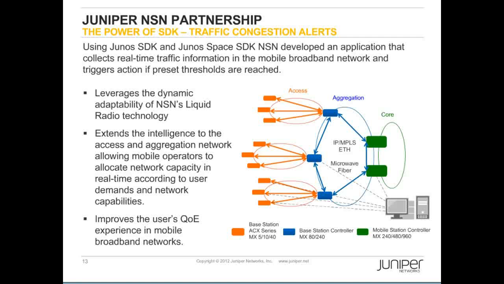With the SDK running on ACX and being able to monitor the network capacity through either microwave links or fiber, NSN is able to offer a dynamic network even in the microwave scenario. You can get more details on this through either the Juniper or NSN website.